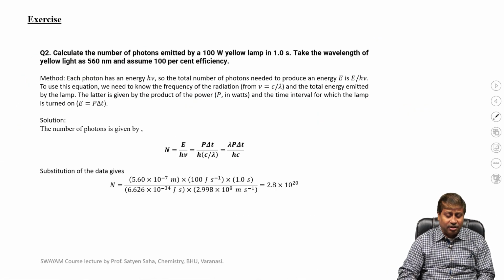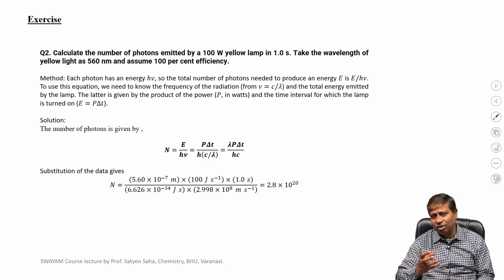Now, let us understand the system more through a few numericals. The first one is to calculate the number of photons emitted by a 100-watt yellow tungsten lamp in 1 second. I have given this example just to get an idea of how many photons we actually get from light.